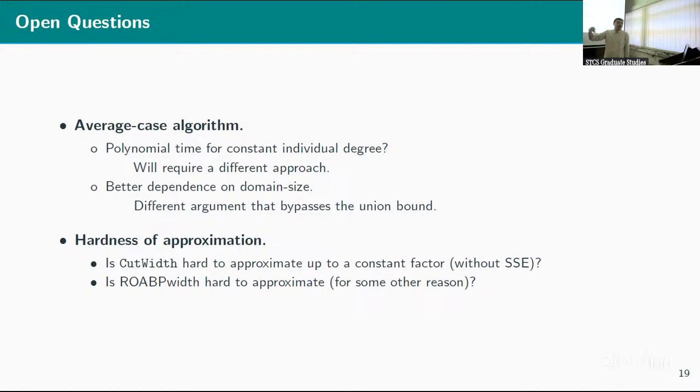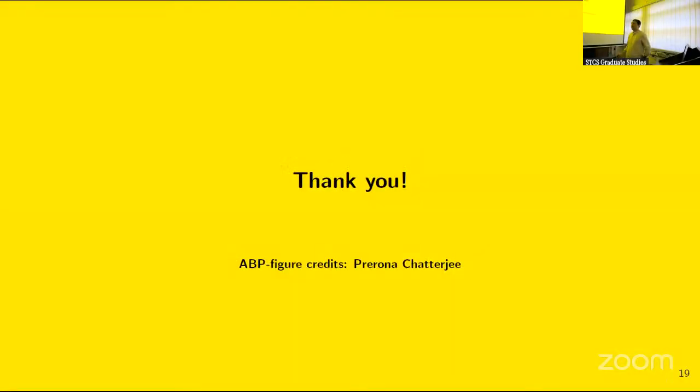Because once you get one constant, you get a PTAS and you get results. Can you show it is unconditionally hard, or hard under some other hypothesis? Unconditionally would be better: can you show that if P is not equal to NP, then you can't approximate ROABP width up to some large enough constant? Yeah, that's it. Thanks. The ABP figures, if you like them, are not mine, they are from someone else.